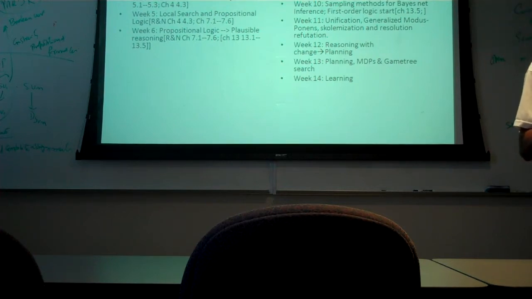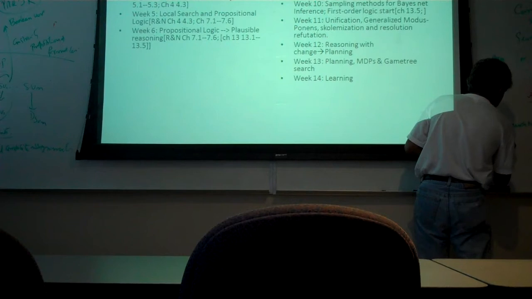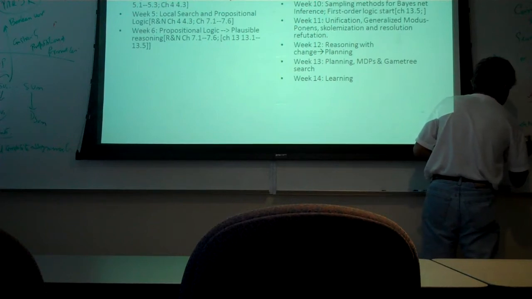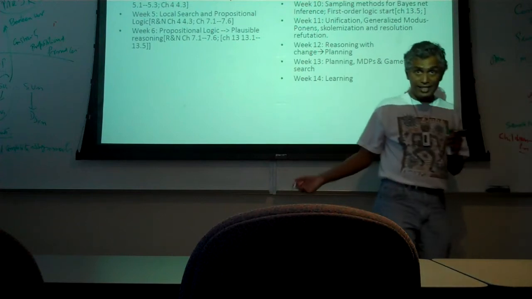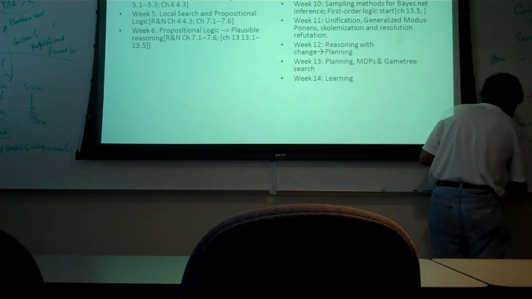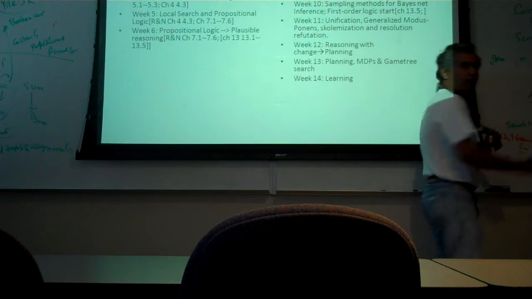Do you understand what I'm saying? In A star search, if you remember, there used to be a children generator function, and then there is a goal test function.